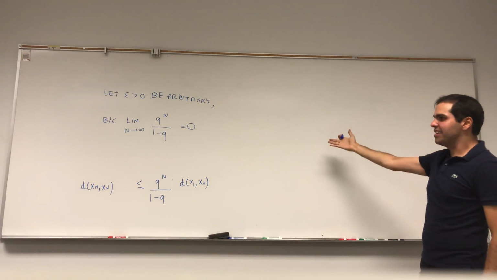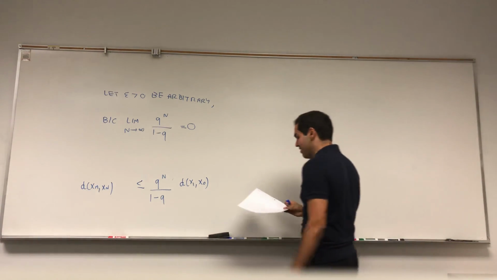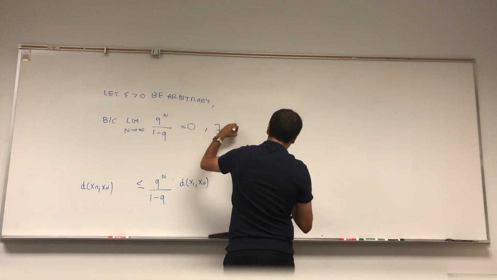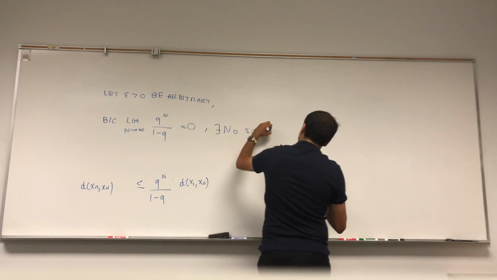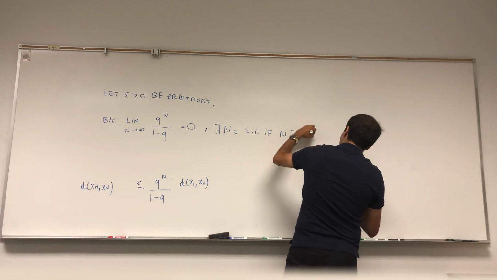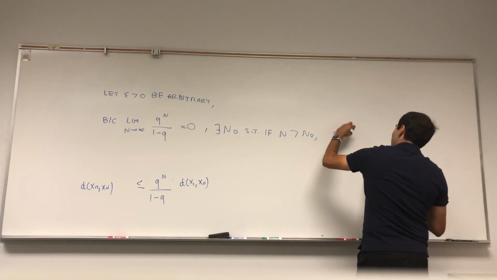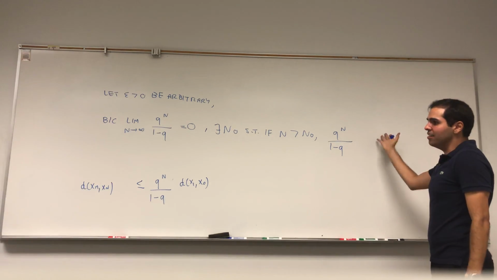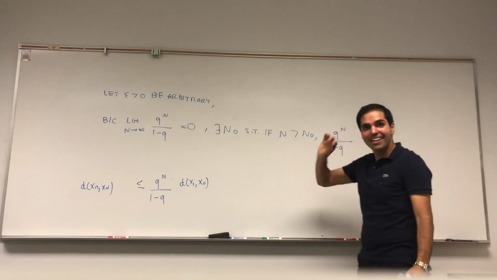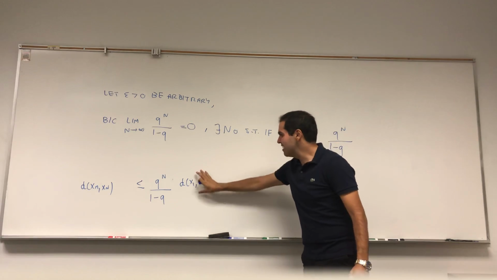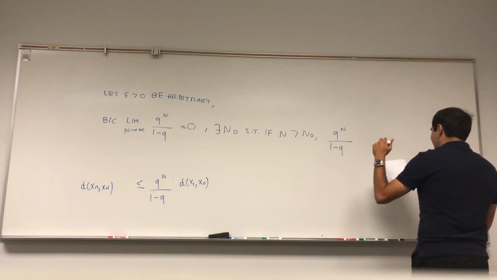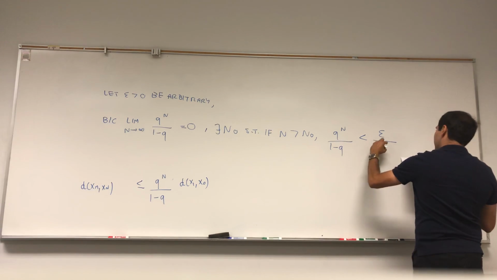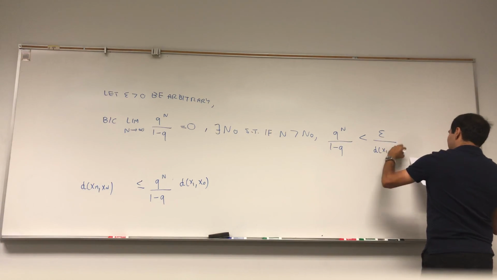Because this limit is 0, by the epsilon-delta definition, we know that there exists an n naught such that if n is greater than n naught, q^n over 1 minus q is less than epsilon. But just to make it very elegant at the end, let's divide it by d of x1 minus x naught: epsilon over d of x1, x naught.